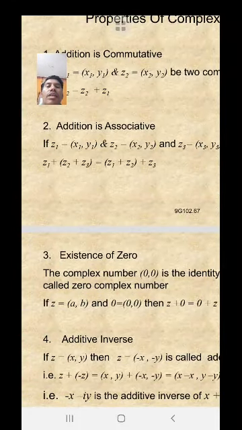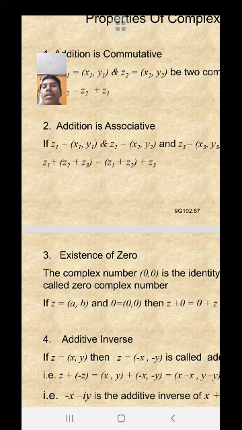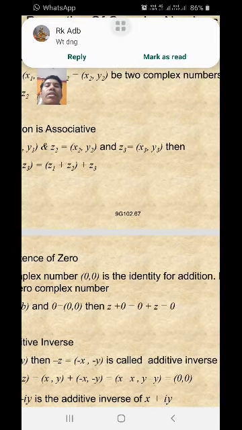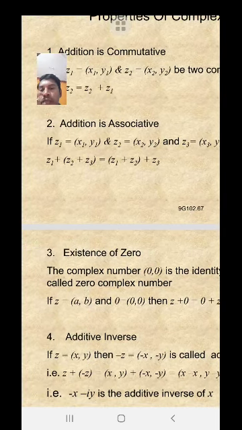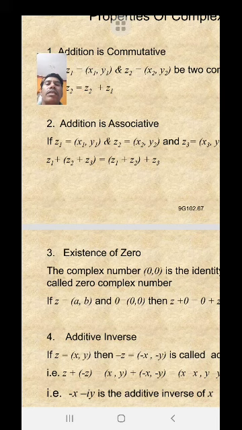Second, addition is associative. If z1 equals x1 comma y1, z2 equals x2 comma y2 and z3 equals x3 comma y3, then z1 plus z2, plus z3 equals z1 plus z2 plus z3.